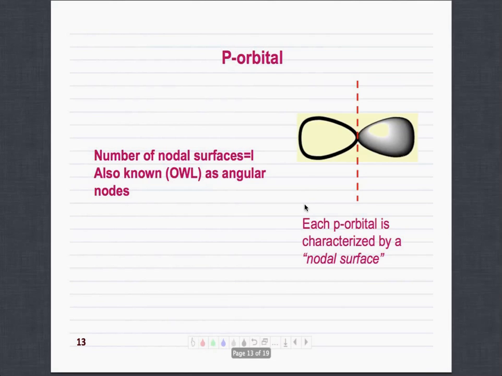Okay? Now, let's get started with the nodal plane. The nodal plane is just a plane that passes through the orbital in which there will be 0 probability to find an electron, in this plane of the orbital. So let's go to the dot structure of p orbitals.